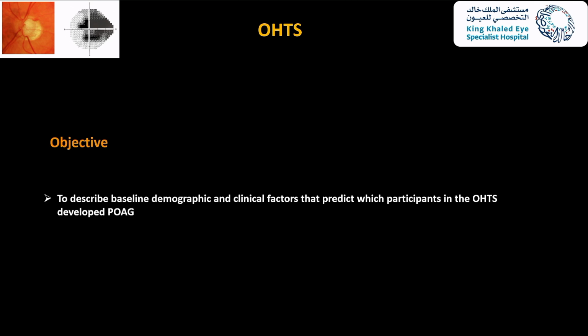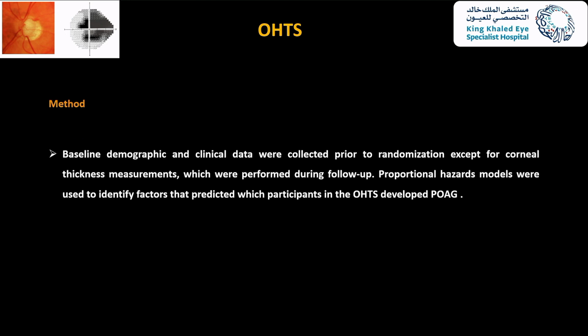The other phase of the study was to describe baseline demographic and clinical factors that predict which participants in the study develop primary open-angle glaucoma. The baseline demographic and clinical data were collected before the randomization, except for corneal thickness, which was taken during the study.